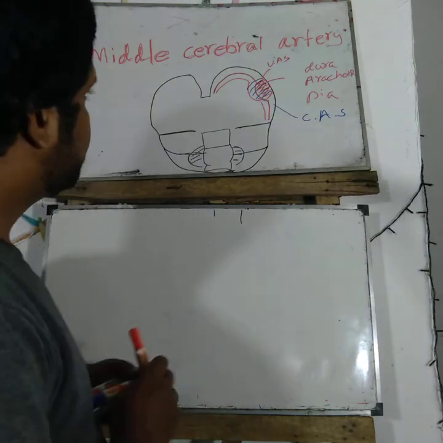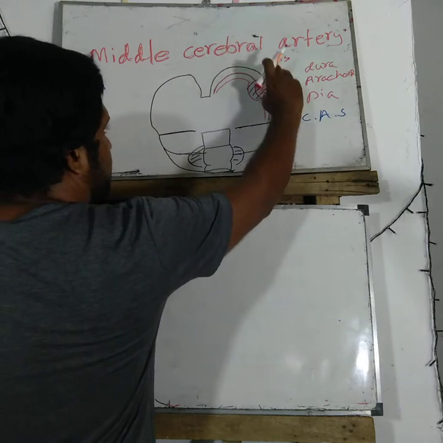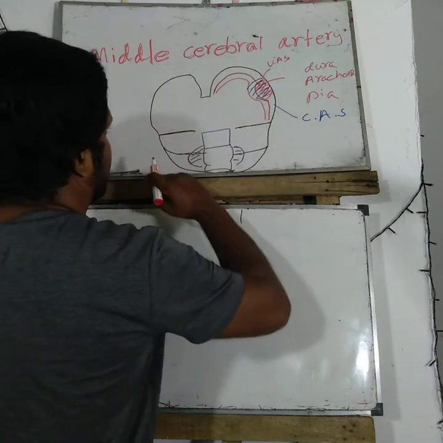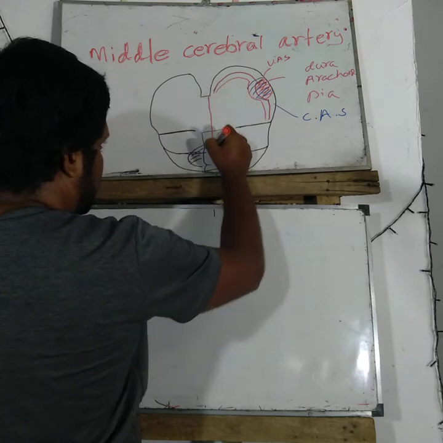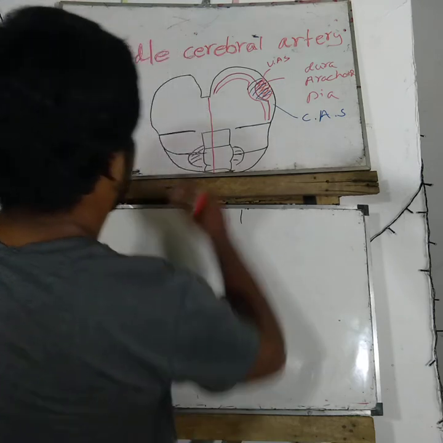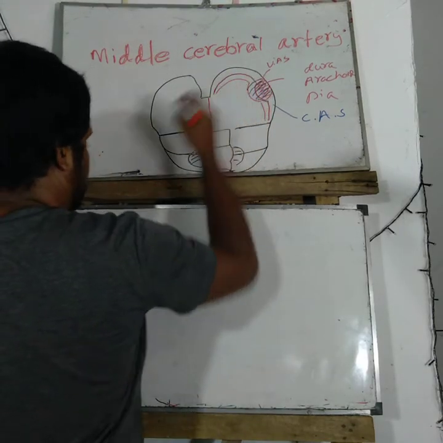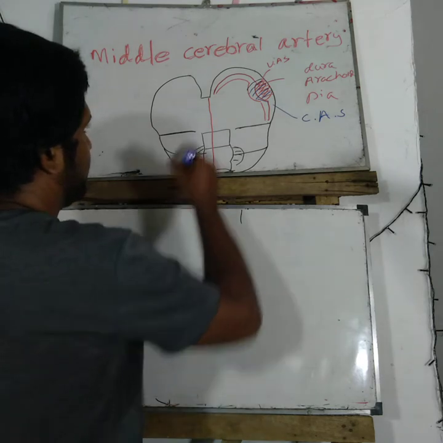Due to this hemorrhage inside the skull and cortex, it compresses the brain cortex. This is the midline. Compress the brain cortex to the midline.